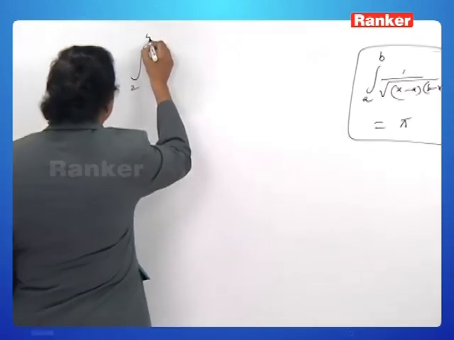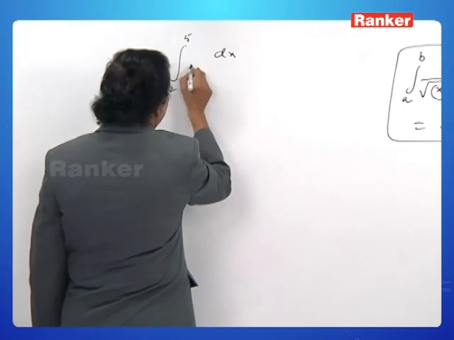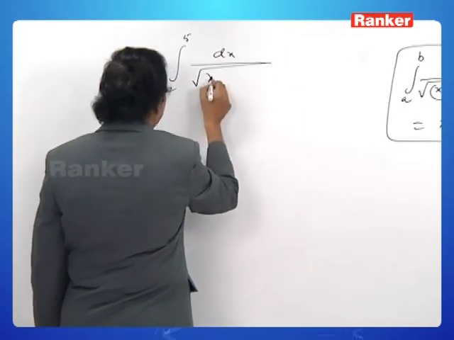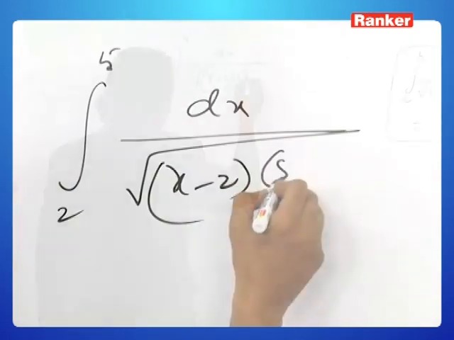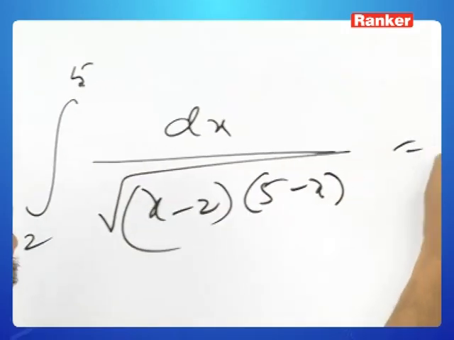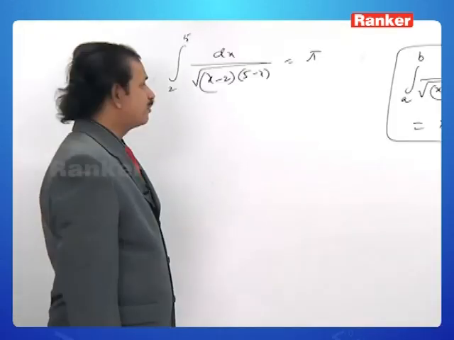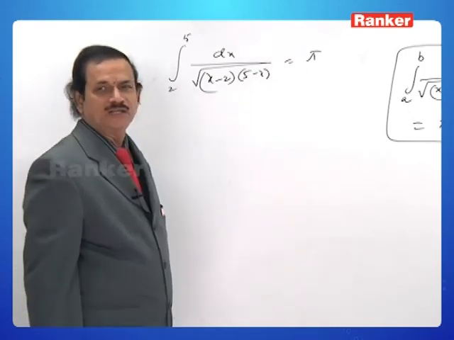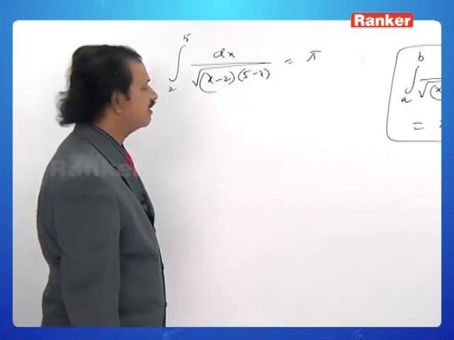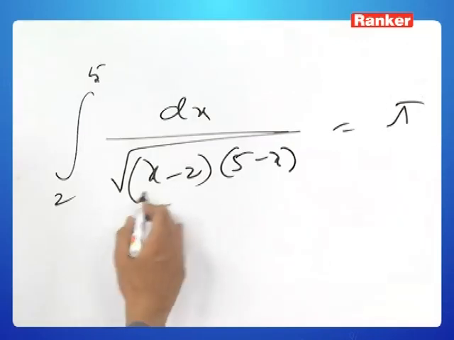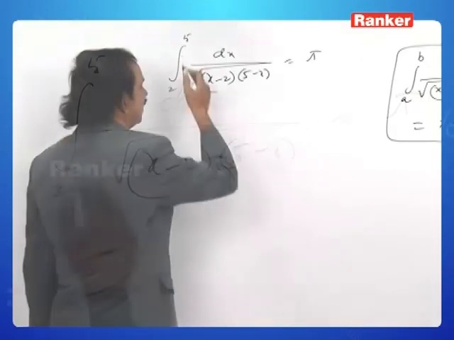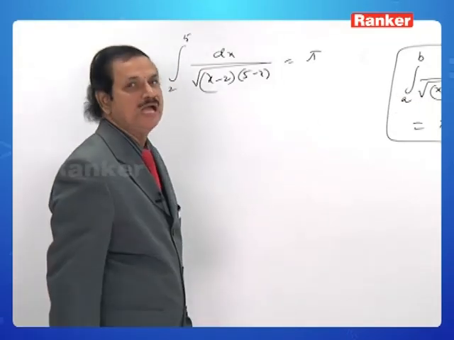Integral 2 to 5 dx by root of x minus 2 into 5 minus x. Come on. This problem is directly given in terms of the standard form, isn't it? x minus a, b minus x, a, b. So the answer is simply pi.